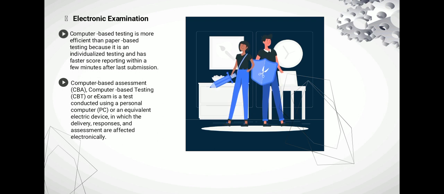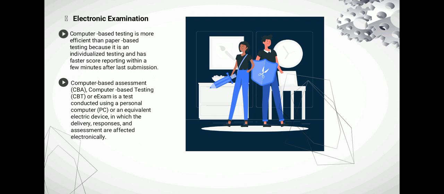So it is faster. Some of our quizzes, when we take quizzes online, we see the score right after we answer, because in computer-based testing, the scoring report is faster.